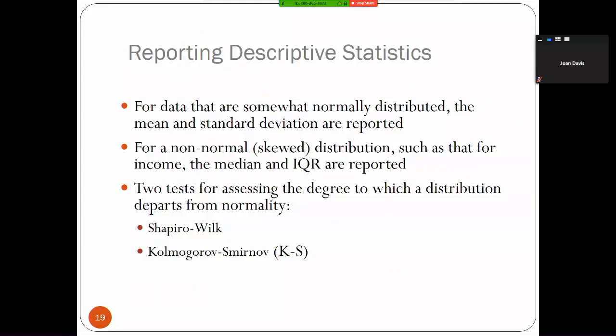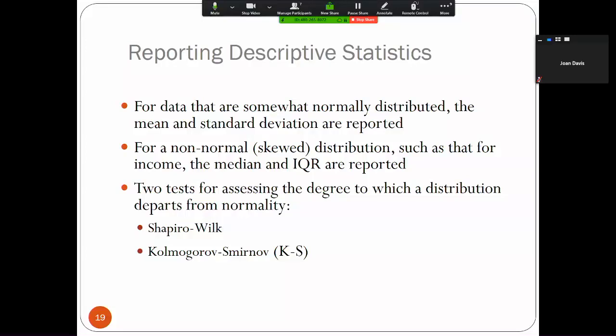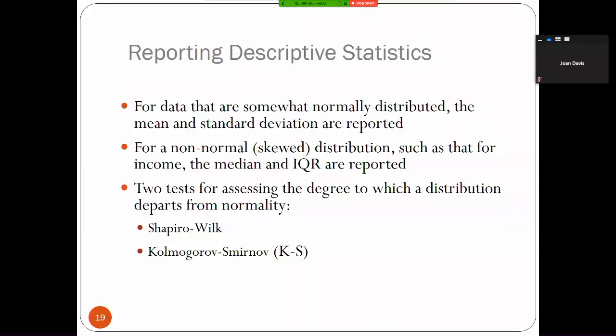Okay, so when we're reporting descriptive statistics, we tend to go back and forth between the mean and the mean/standard deviation and the median/interquartile range. For somewhat normally distributed data, we typically will report the mean and standard deviation, because the mean is a fair representation of central tendency when we have a standard normal distribution or somewhat normally distributed data.